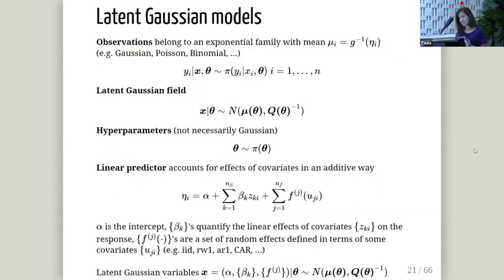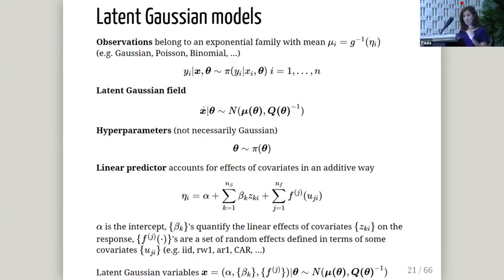Okay, so INLA can fit latent Gaussian models. These are models that have this form. You have observations that follow an exponential family. These observations can be Gaussian, Poisson, or binomial, and they follow a probability distribution that depends on parameters and on hyperparameters.